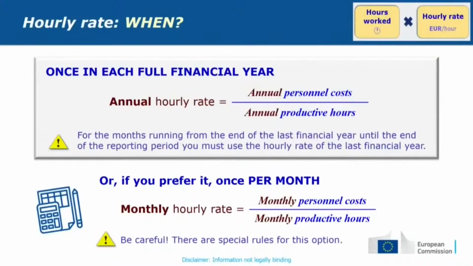You will have to use for these last months, these months of the ongoing financial year, the hourly rate of the previous full financial year, your last closed financial year. So you will not be able to calculate hourly rates for a fraction of a year, which implies that if there is a salary increase at that moment, it's not going to be reflected immediately in the hourly rate. It's going to be for the next reporting period when you will see this hourly rate updated.